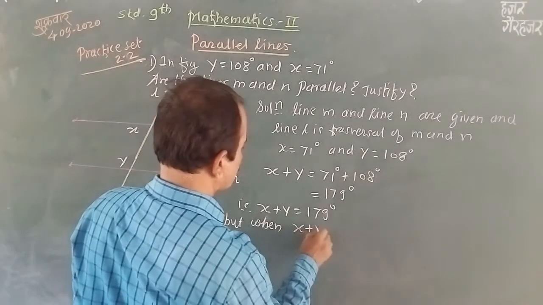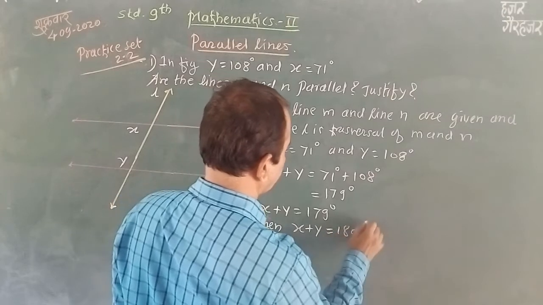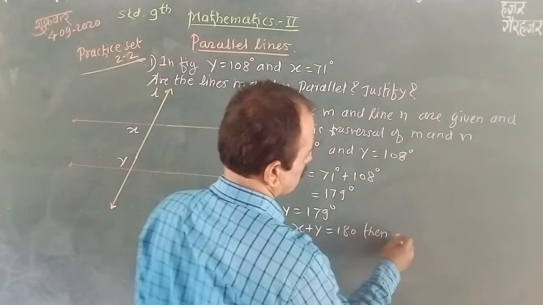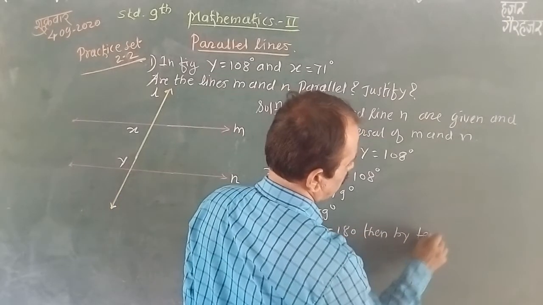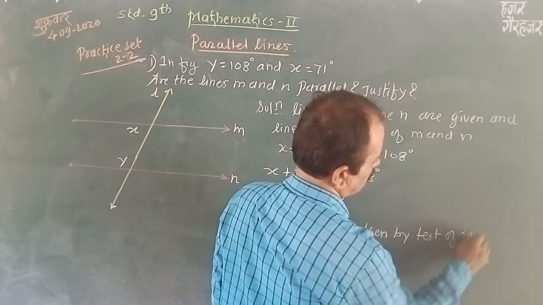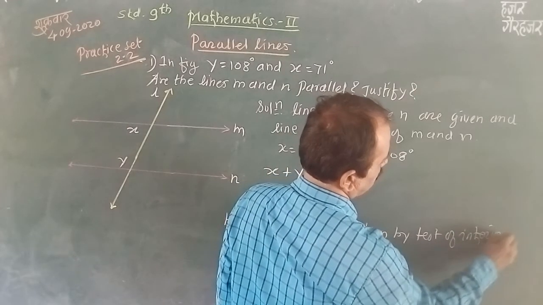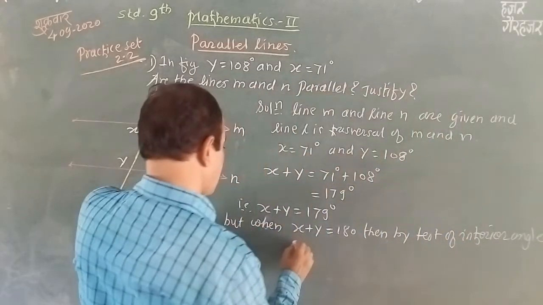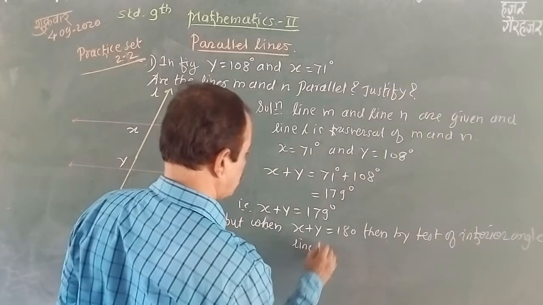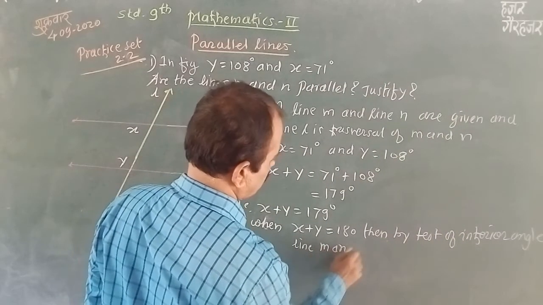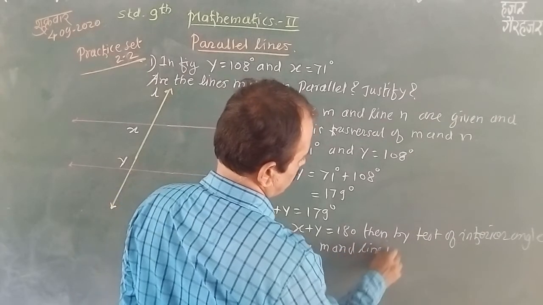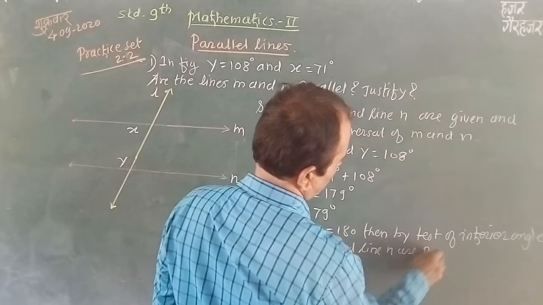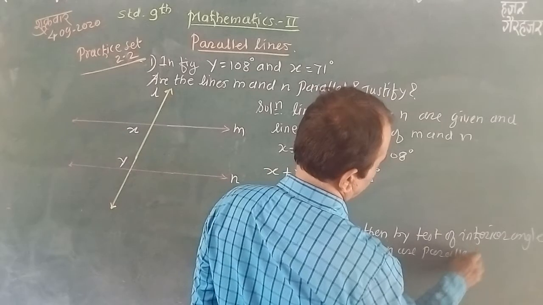When x plus y is equal to 180 degrees, then by the test of interior angles, line m and line n are parallel.